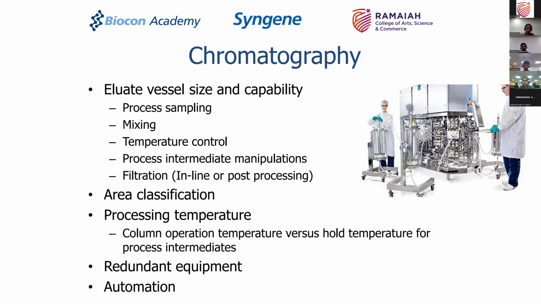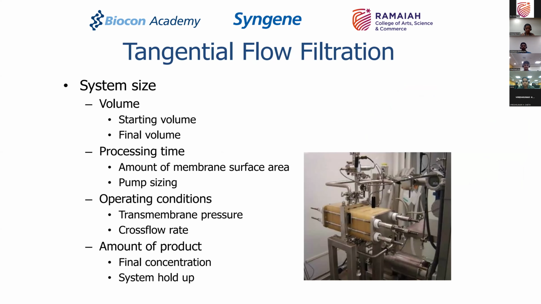The area classification, processing temperature, redundancy of equipment, automation are all common factors which you will see through each and every process step. Tangential flow filtration: here what you are doing is that you are going to concentrate the volume so that you end up with a smaller volume.